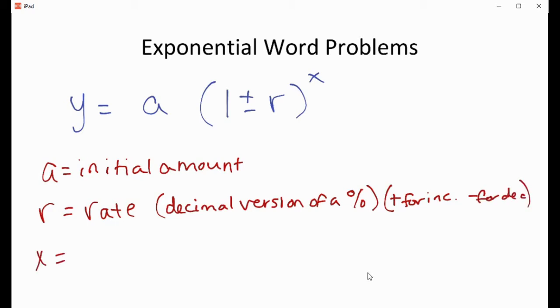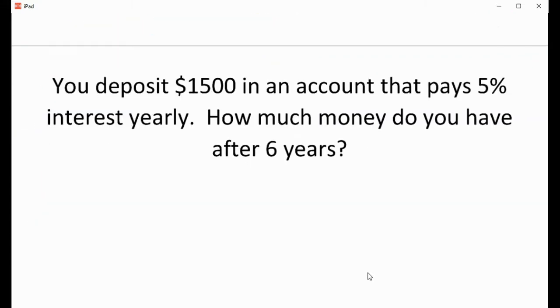And then x is usually going to be some time. It depends on what the word problem tells you. But anyway, there you go. So I recommend writing that down to have it. Because like I said, normally I could put it up on the board for you at school, but I don't have a board because I'm in a classroom.